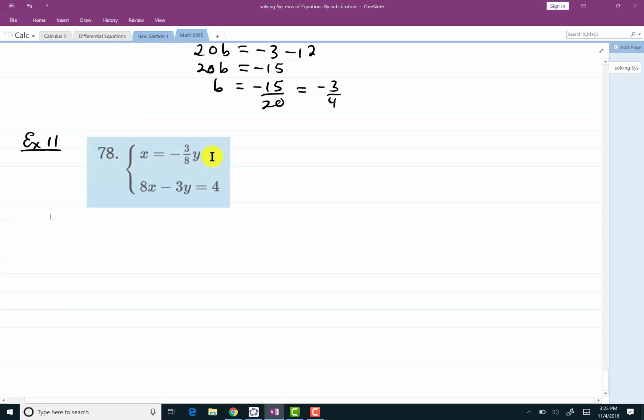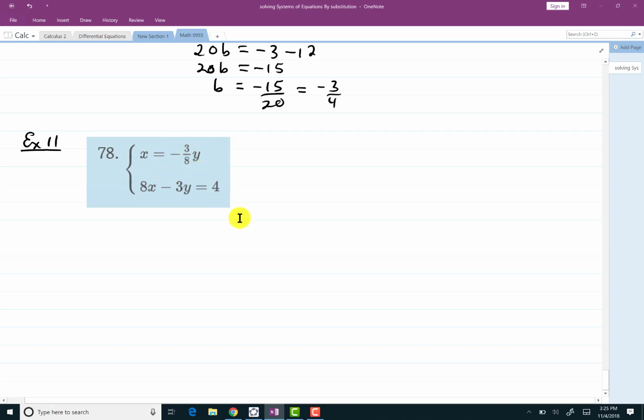All right, in this problem, I see that x is already solved for, and there is an over 8 here, which means that when I plug this in for x, the 8's will cancel. Very nice. So I'm going to take this equation x equals negative 3/8 y, and replace the x in the second equation.